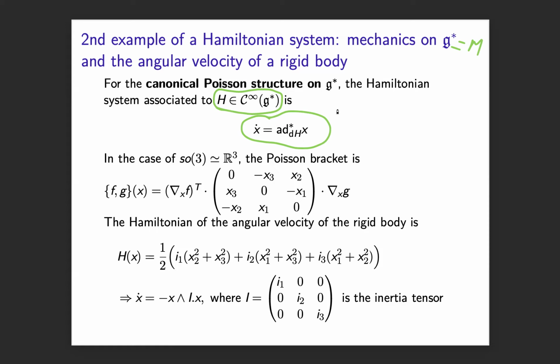So let me write what is ad. Ad is the adjoint representation of G on itself.